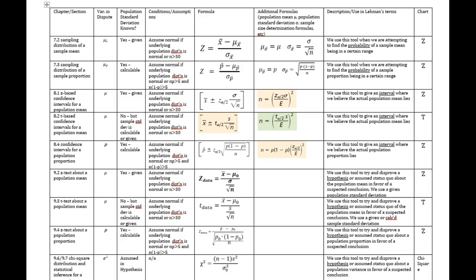So for the test, this might be a good thing to have alongside you. It has all the new stuff from 9 as well: the chi-square, the population proportion, the t, and the z. But it also has all your 7 and 8 stuff, all the 8 confidence intervals, and all the z new sampling distributions and whatnot.